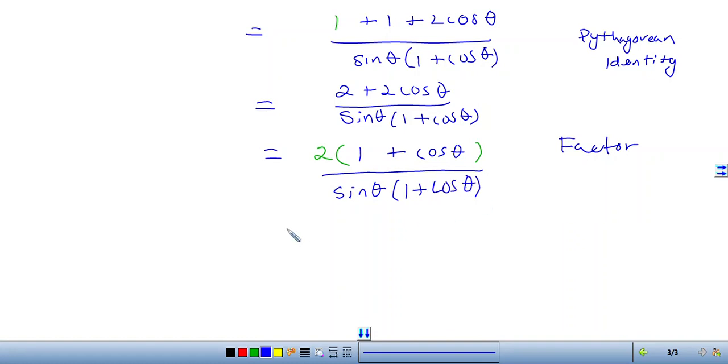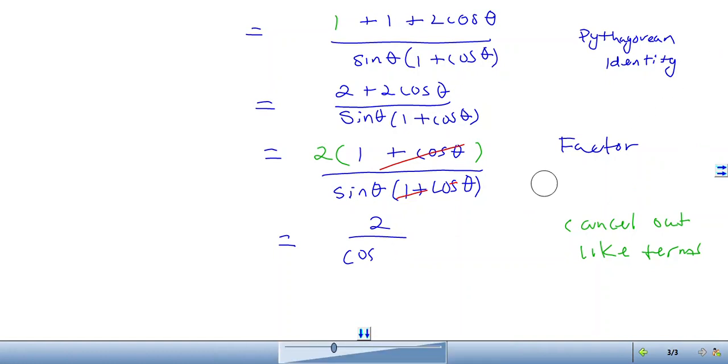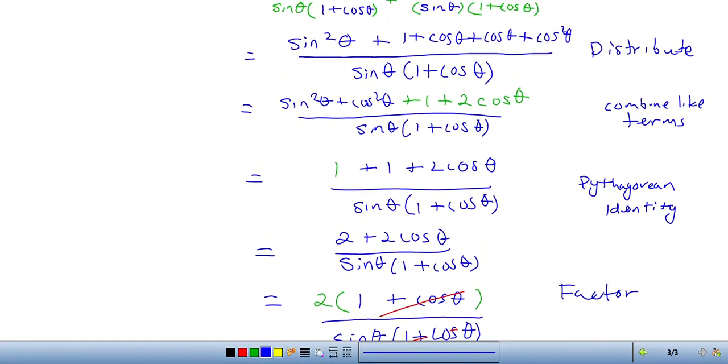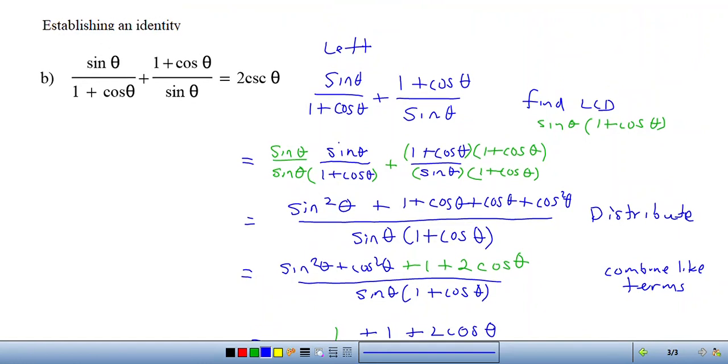And because I was able to factor this, I'm going to cancel out like terms. And it looks like the two like terms are these ones. 1 plus cosine theta, we cancel it out, and we're left with 2 over sine theta. And let's see if that's what we need to get. Not quite.